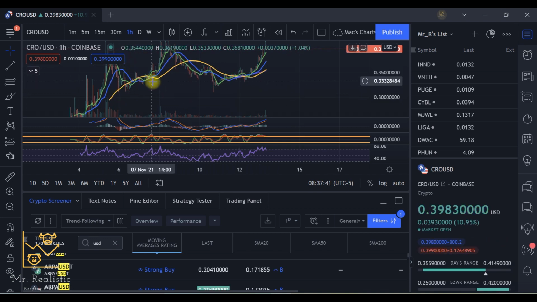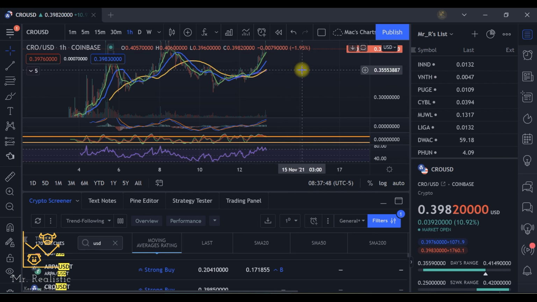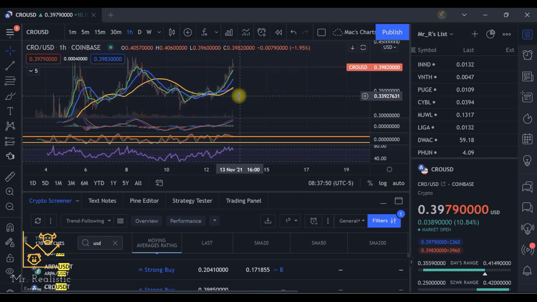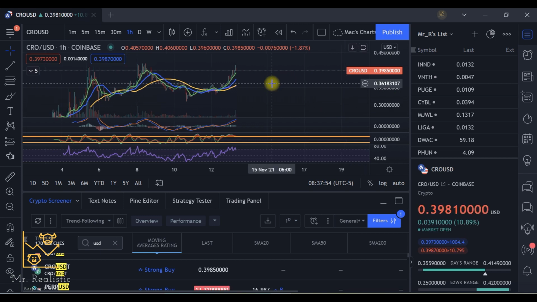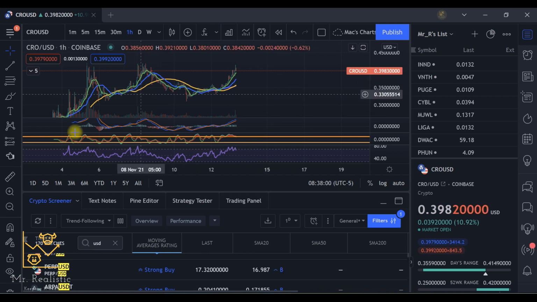But as you can see, if they're staying in the green, blue, yellow order, it's going up, vice versa if it's below. So now this is going to sky up. This is going to hit 40 cents and move beyond. So that's the CRO USD on Coinbase. That's how you can use a crypto screener as well. Pretty cool stuff.